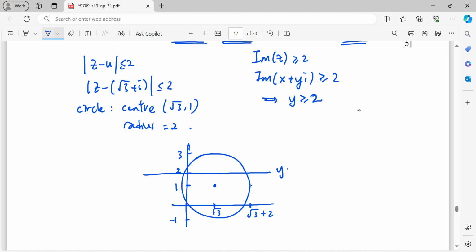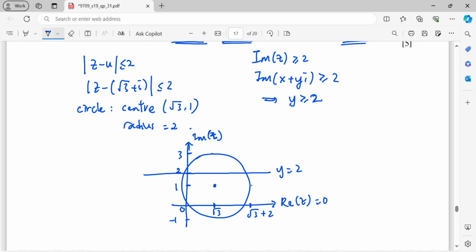Okay, so this is y equals 2. This is the real part, and here is the imaginary part. Okay, then now here is 0. So let me check the value first. Square root 3 is basically 1.73.